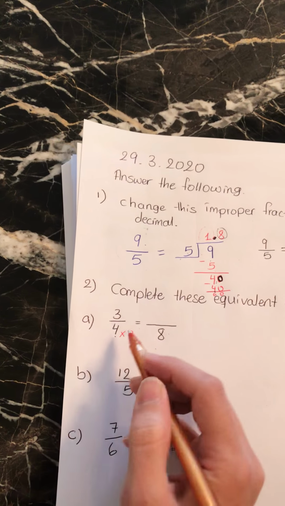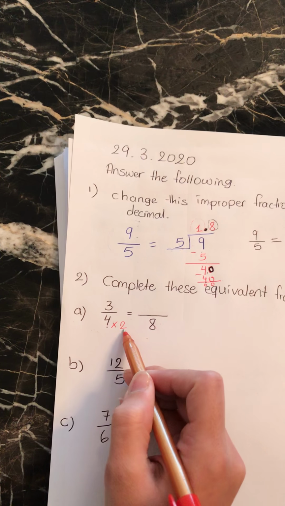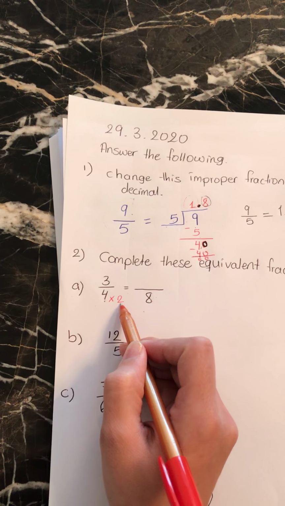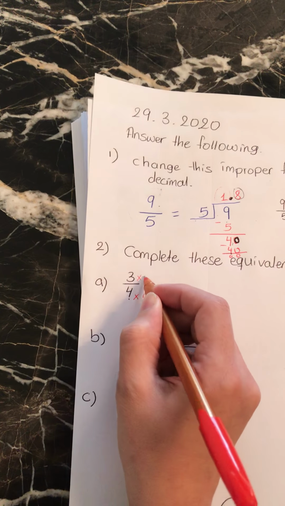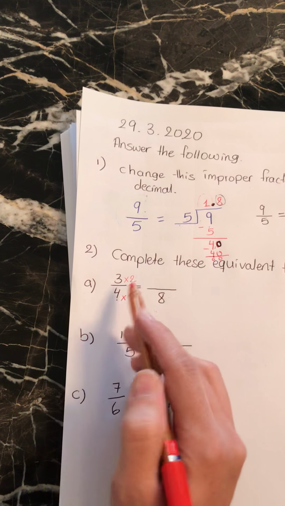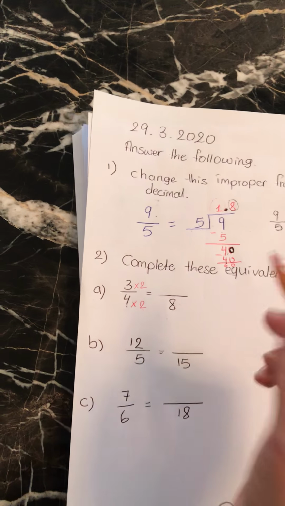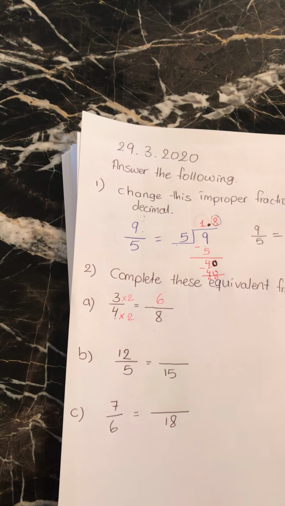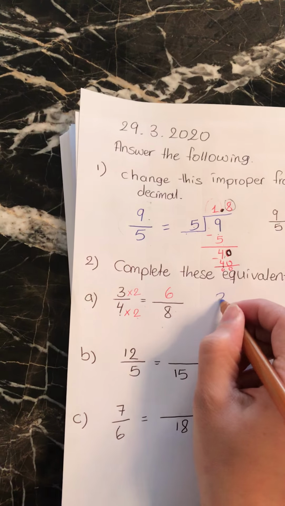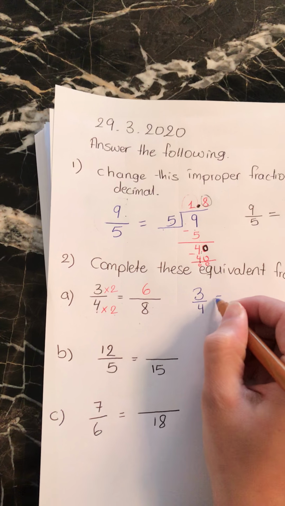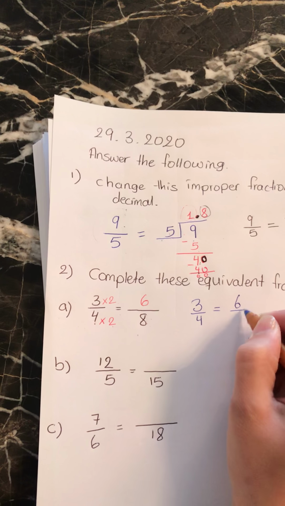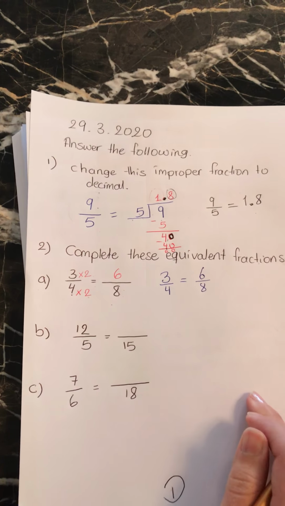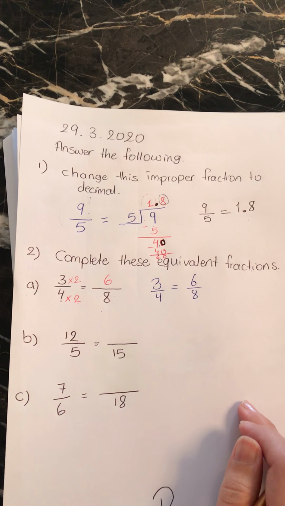Now, because I multiplied the denominator by 2, I have to multiply the numerator also by 2. So 3 times 2 is 6. Now, from this, I understand 3 over 4 and 6 over 8 both have the same value.